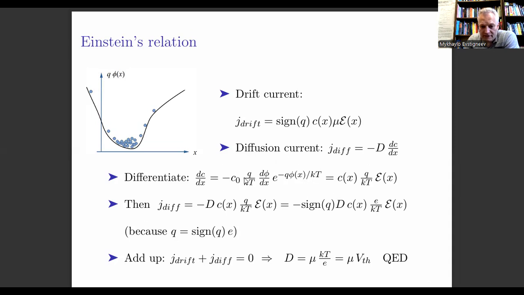And the negative derivative of the electric potential with respect to x is just the electric field E of x. And also we recognize that C naught times the exponential is just C of x. So then we can write down the diffusion current: negative D times C of x times q over kT times E of x.